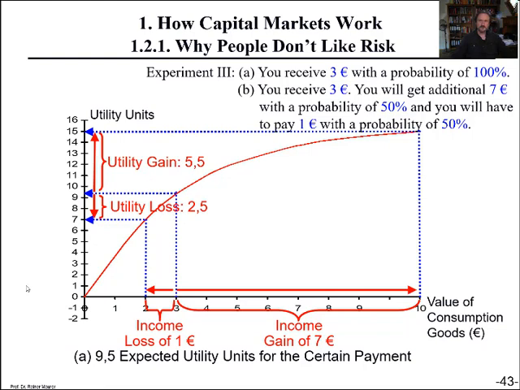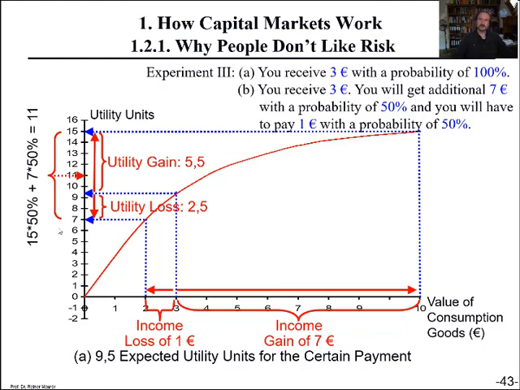The expected utility in the uncertain payment case would be 15 utility units times 50% plus 7 utility units times 50%, which equals 11 utility units expected utility.